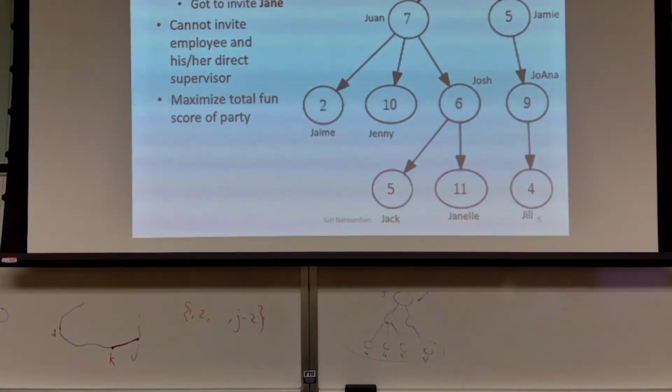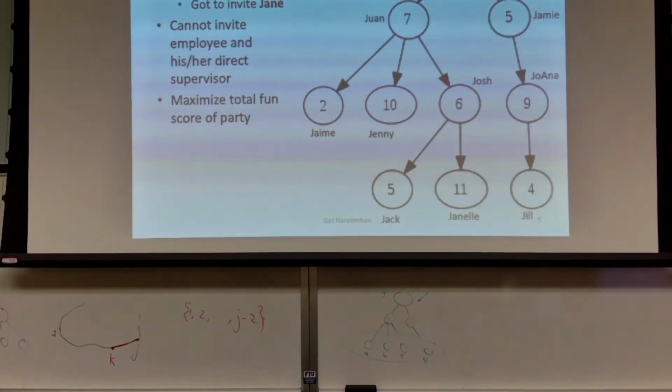Now, the next case might be if there are 2 layers like this. Again, it's easy because we have to invite the CEO and the others we have to dump. So the CEO is going to have a party with herself. That's no good. So these are 2 easy cases. There's nothing interesting about it. So there must be at least 3 layers in order for anything interesting to be done.